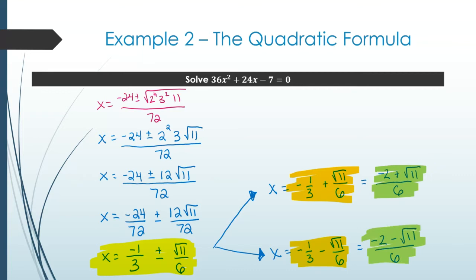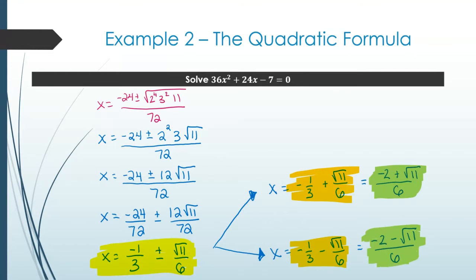But you don't want to stop at the part where everything was over 72, because there are things that we can reduce. And you don't want to write it as a decimal, because then you're basically rounding and it's not the exact answer.